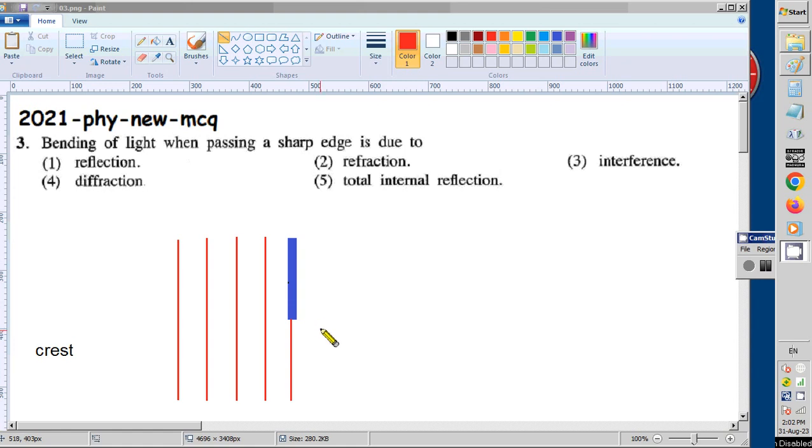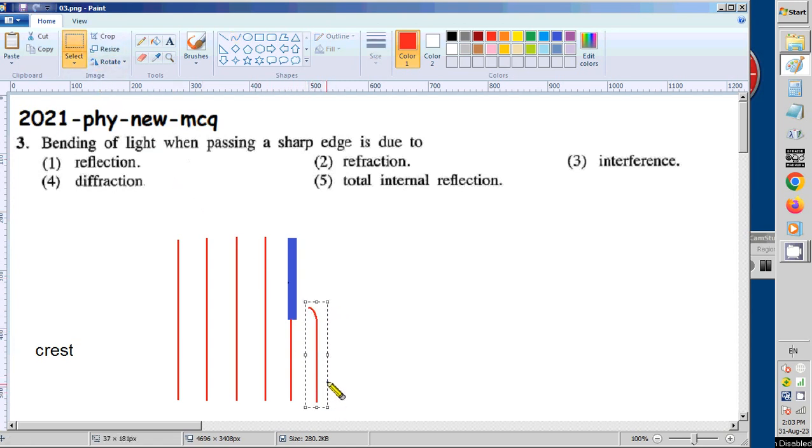So what is diffraction? What happens to this wave front after passing this edge? We call these plane wave fronts because they are straight. The wave front bends like this at this edge.